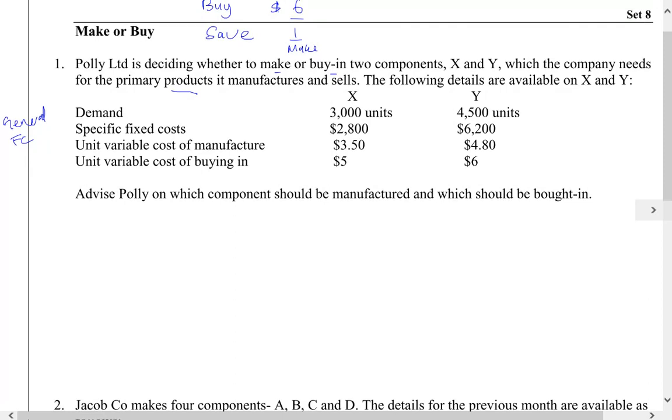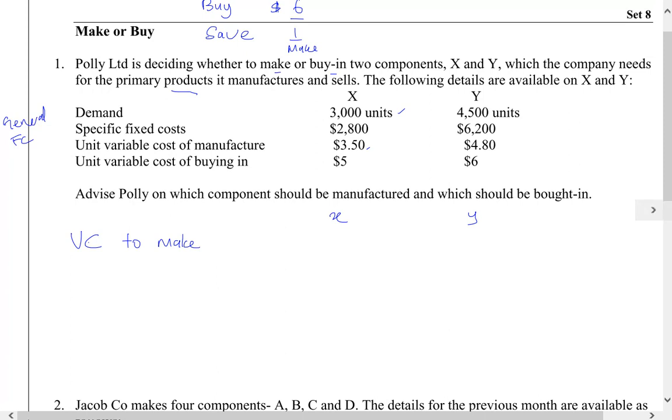So X, Y, variable cost to make. If I make, I incur. That's why we call it variable cost to make. If I don't make, I won't incur. So I'm going to incur material cost, labor cost as I make one. So how much is it? Variable cost to make 350. And how many units am I going to make? Make 3,000 units of the component.